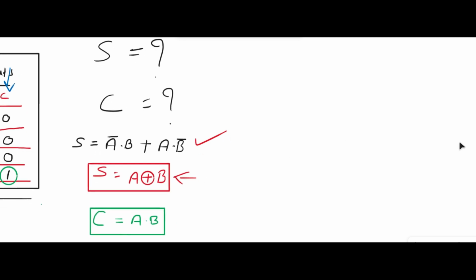So we will draw the diagram. We have two inputs, A and the other input is B. What is sum? Sum is A XOR B. We want to XOR A and B, so just give it to an XOR gate.